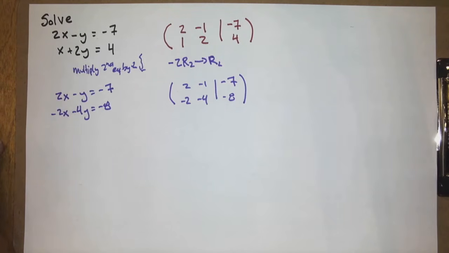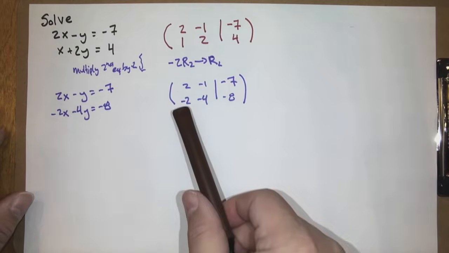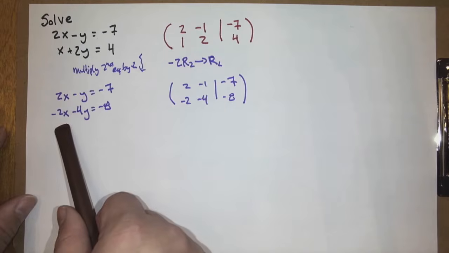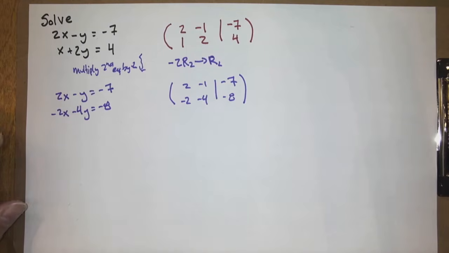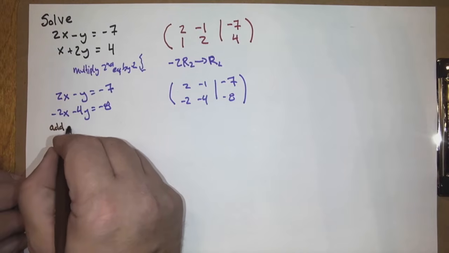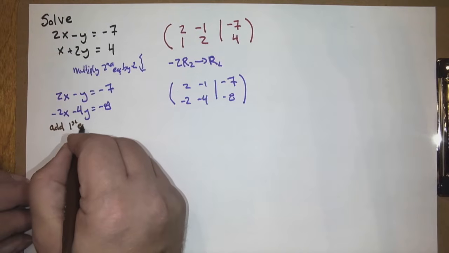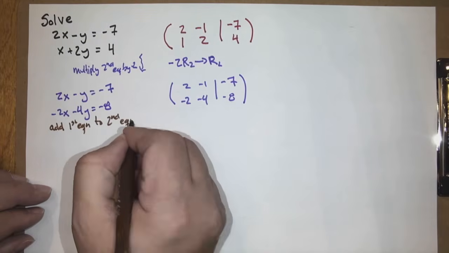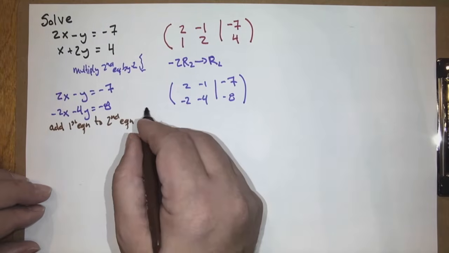So multiplying the second equation by -2 makes it, if we think of this, like, hey, we can get some cancellation. So, an idea, let's add the first equation to the second equation. Okay, so that's where we're going.